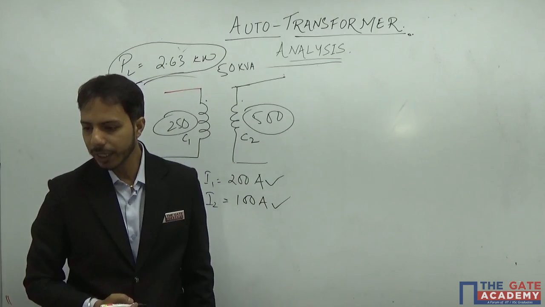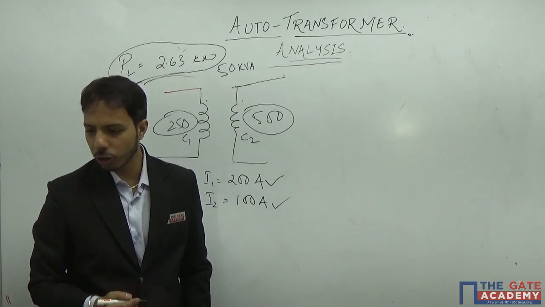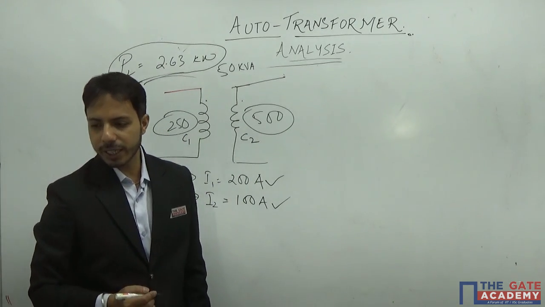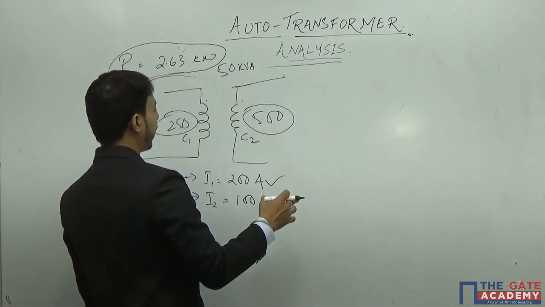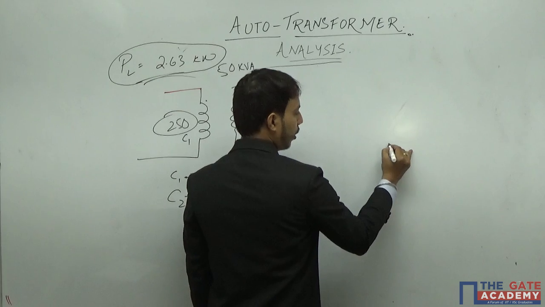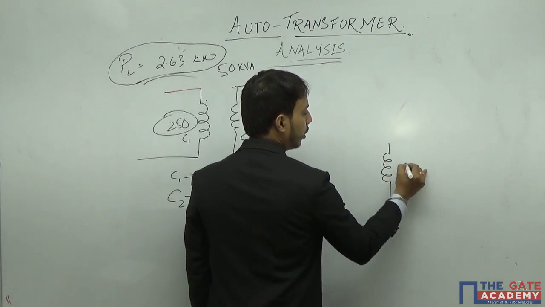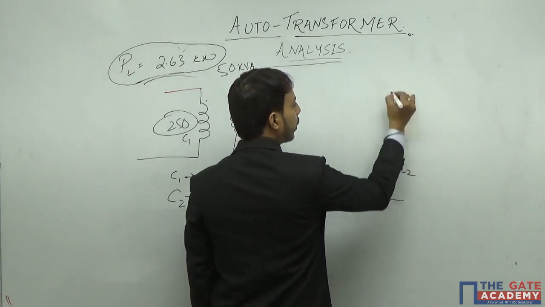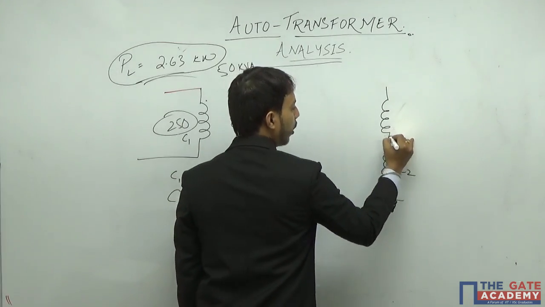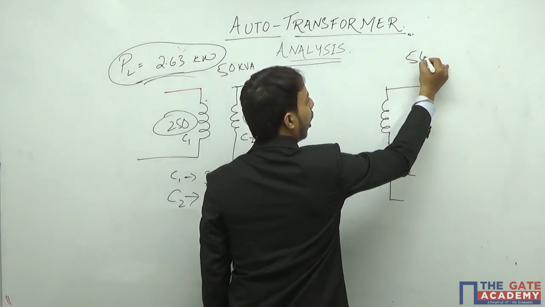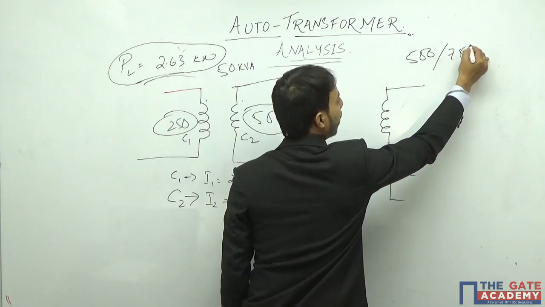So it is said that it is reconfigured as an auto transformer by 500 and 750. So 500 on the left hand side or the primary side, that means C2 on this side. So let us say I have C2 here and C1, let us keep the C1 above, and the voltage is 500 by 750.